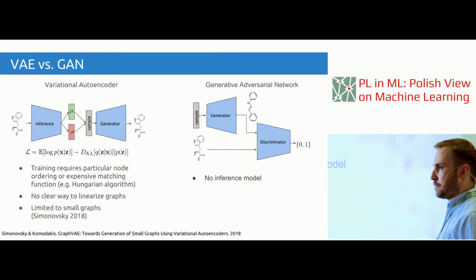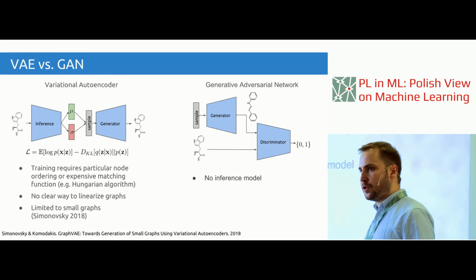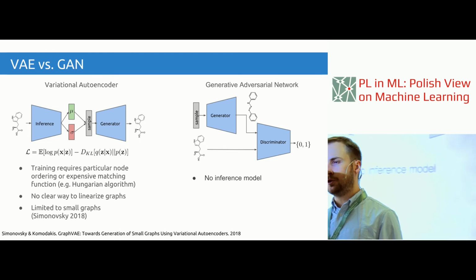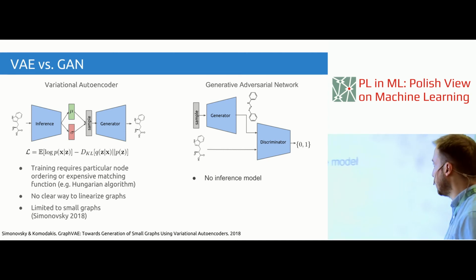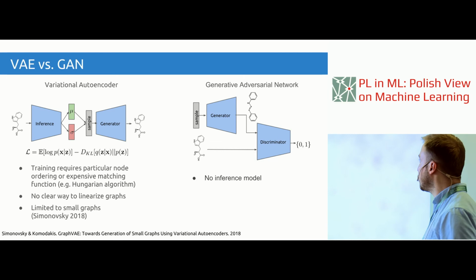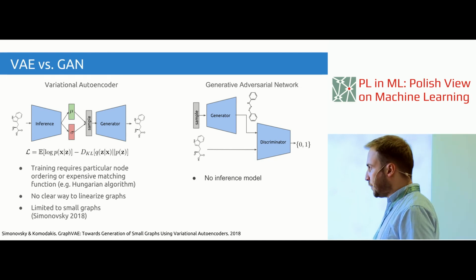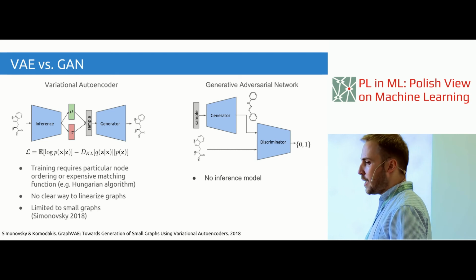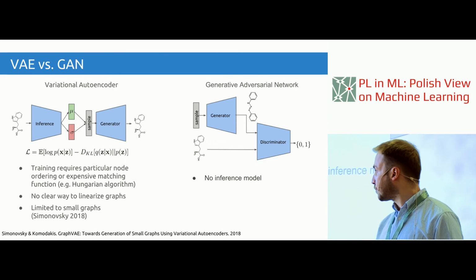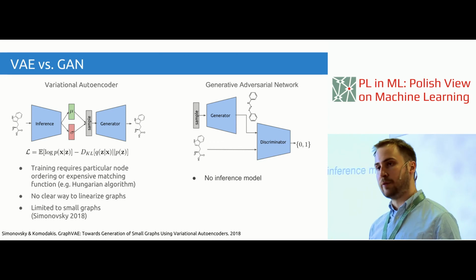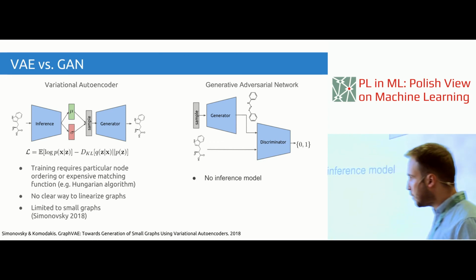If you consider doing generative modeling, there are two leading approaches that you can use. One is variational autoencoders, and the second is generative adversarial networks. If you are thinking about applying variational autoencoders to graphs, there is one problem.